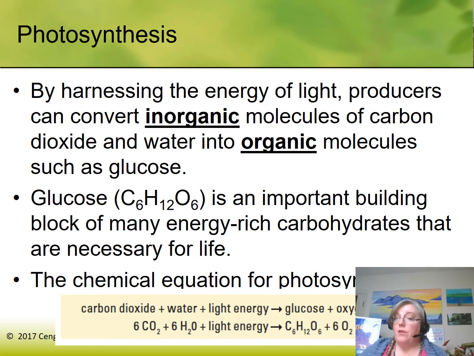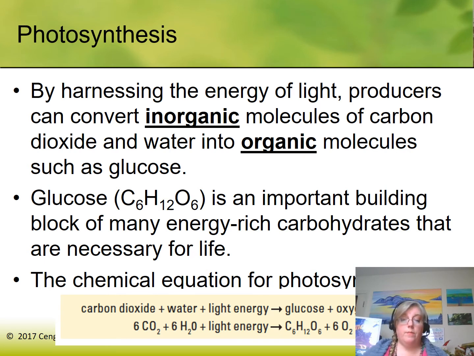If you've forgotten the formula, try to refresh yourself, you'll need it. C6H12O6. That's the chemical formula for glucose. And it's an energy-rich carbohydrate. I remember that when you were in biology class, you learned about the macromolecules, carbohydrates, fats, proteins, lipids. The glucose is a carbohydrate. It's an energy-rich carbohydrate.